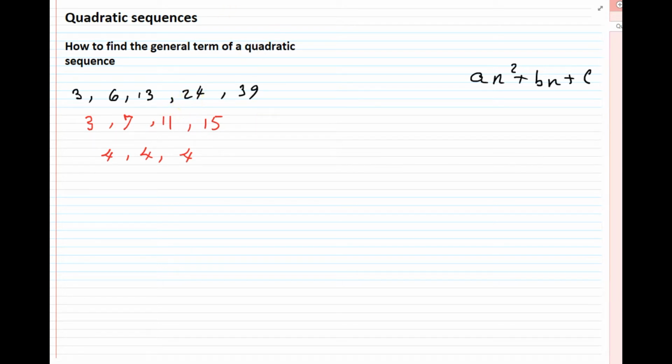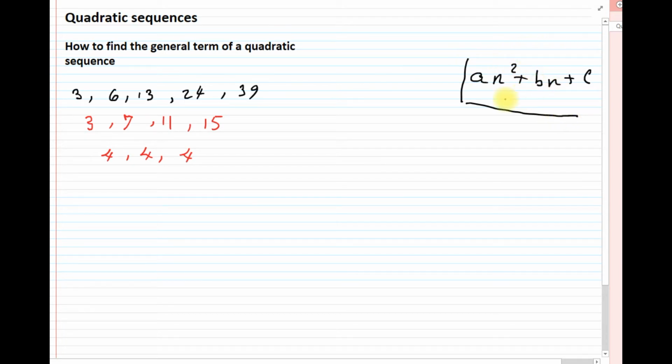Now, how do we find the general formula for the nth term? If n is equal to 1 in our general expression, I get A plus B plus C, and that must be equal to my first term, which is 3. If n is equal to 2, this expression should give me the second term.